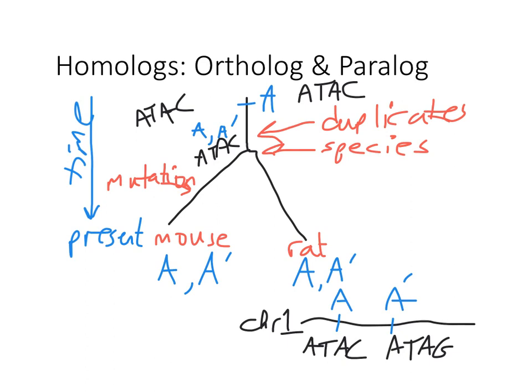So instead of A for those genes, we get a G, for example. So that means the present mouse sequence after that mutation of A to G becomes GTAC for A and GTAG for A prime.